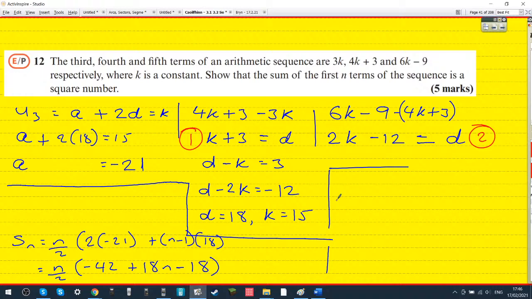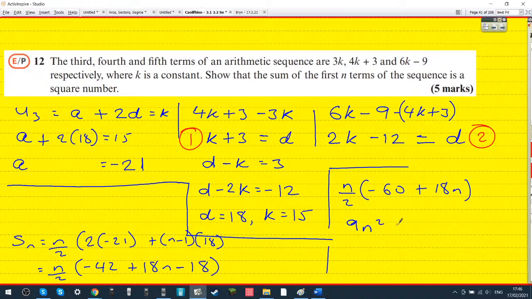It'd be easier if you simplify the bracket first. Minus 60 plus 18n.